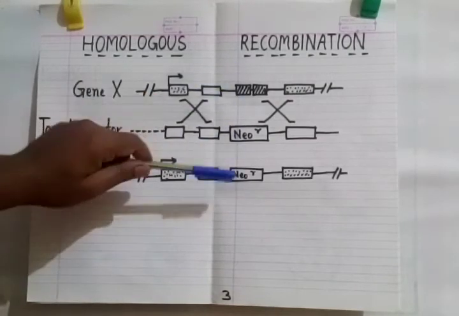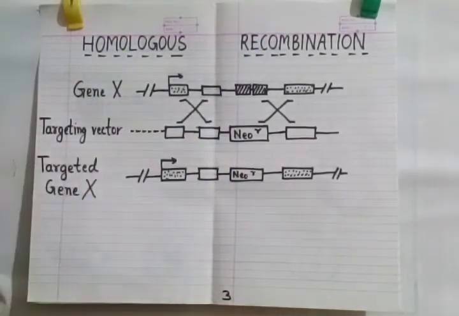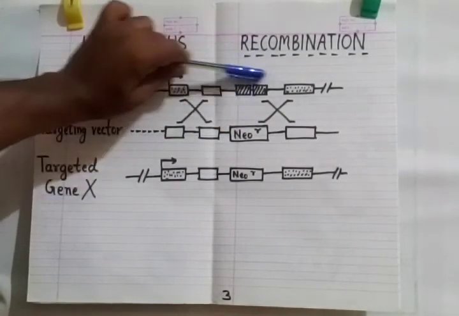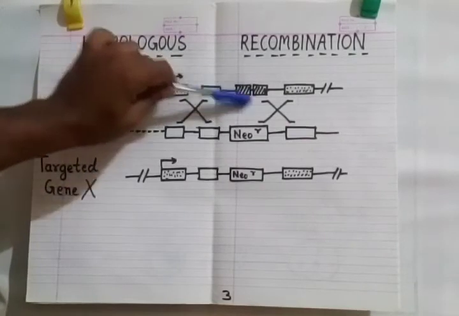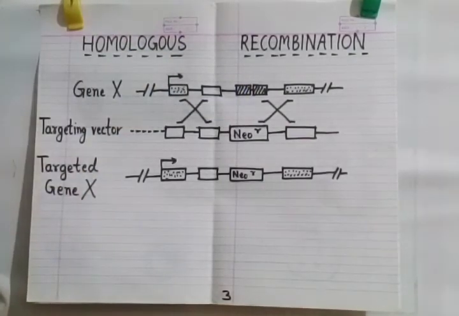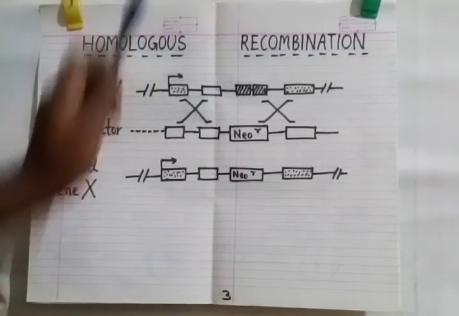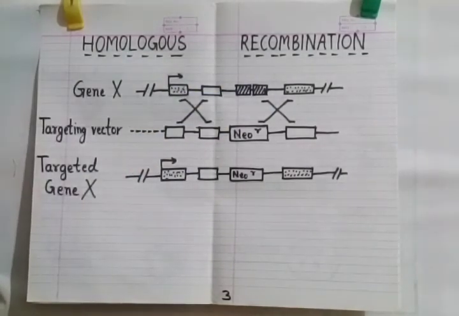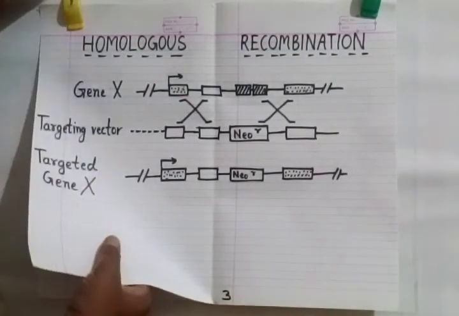Because of this genetic exchange, I took advantage of the homologous recombination and knocked this gene out, meaning I have made it inoperative. This gene is no more there in the DNA, so it will not be expressed. This is homologous recombination, and this is how it is used to knock out a gene, that means to delete this portion of the DNA or that gene. After homologous recombination, we'll go to the next portion.